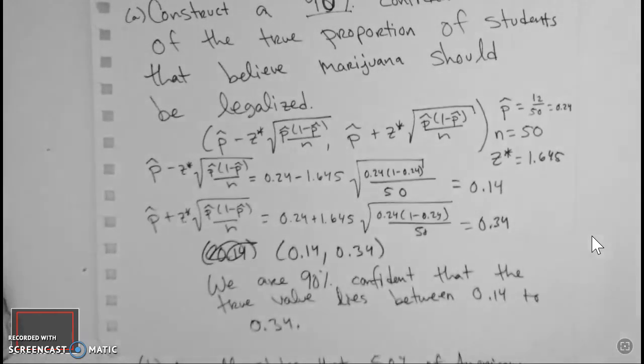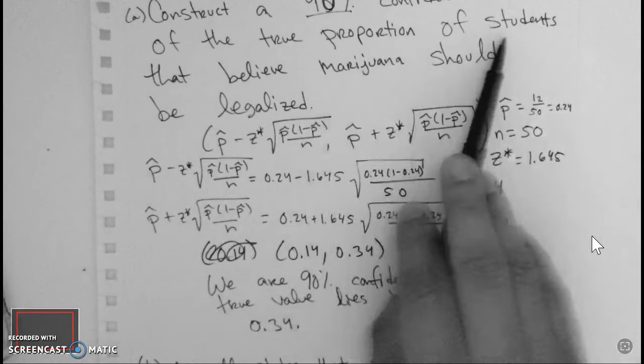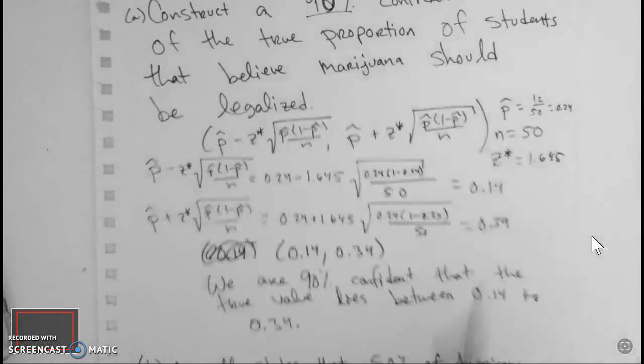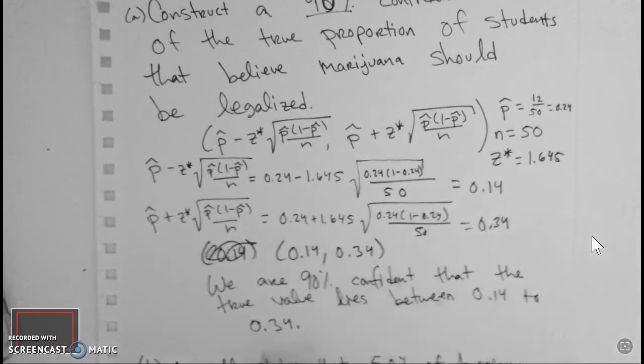The true proportion of students that believe marijuana should be legalized is probably between 14% and 34%. That's what we think.